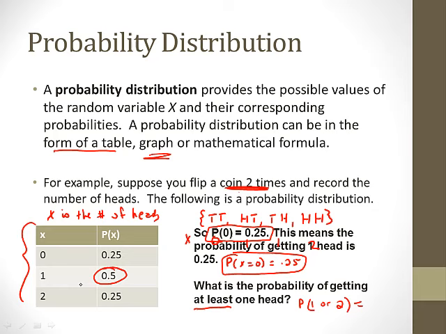You add up 0.5 plus 0.25 to get 0.75. Another way to do at least, and this may be confusing at first, is to notice the only one that's left is this one right here. We can do 1 minus the probability that we get this one, but we're not going to worry about that right now. We'll look at that later with binomial.